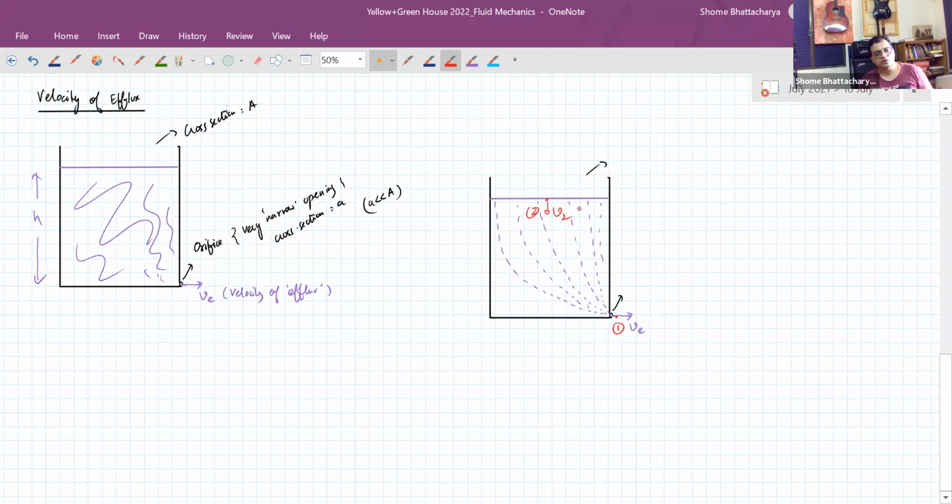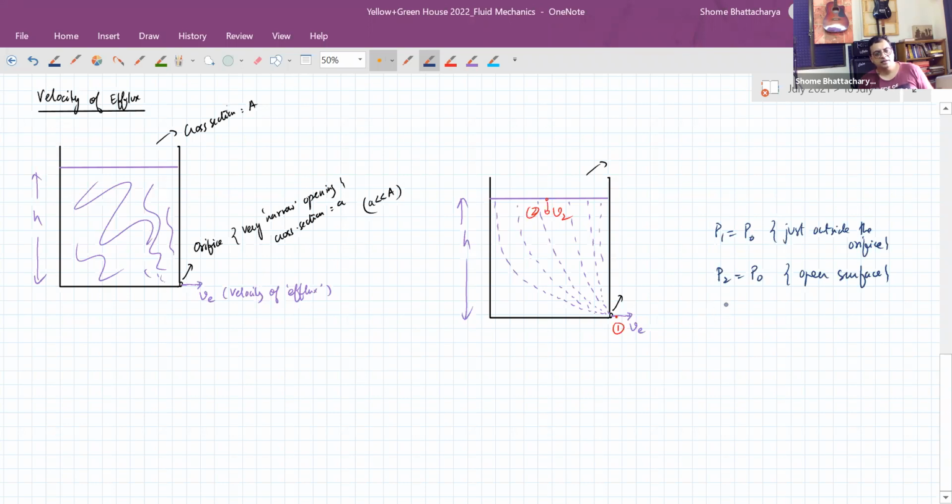So this point has a velocity, let's say v2. Now we apply Bernoulli's equation to these 2 points. So we can see that pressure at the point 1 is equal to atmospheric pressure because it's just outside the orifice. So it's in contact with open atmospheric air. Pressure at the point 2 is also atmospheric pressure. So it's an open surface.